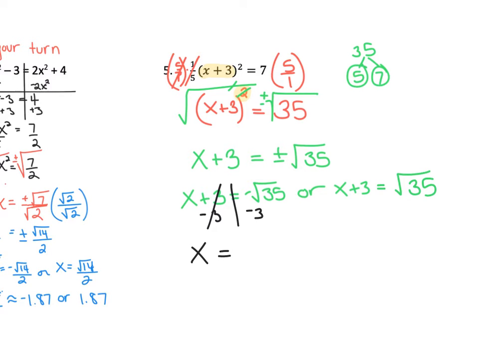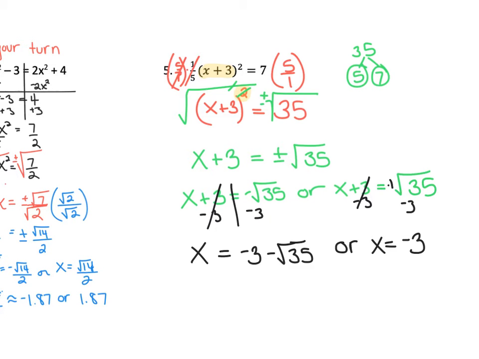2 ways. I just always write, because of the form of a complex number, I put the numeric integer first, negative 3 minus the square root of 35. There's my one answer. Or, over here, subtract 3 from both sides. Gives me x equals, again, I put the negative 3 first.